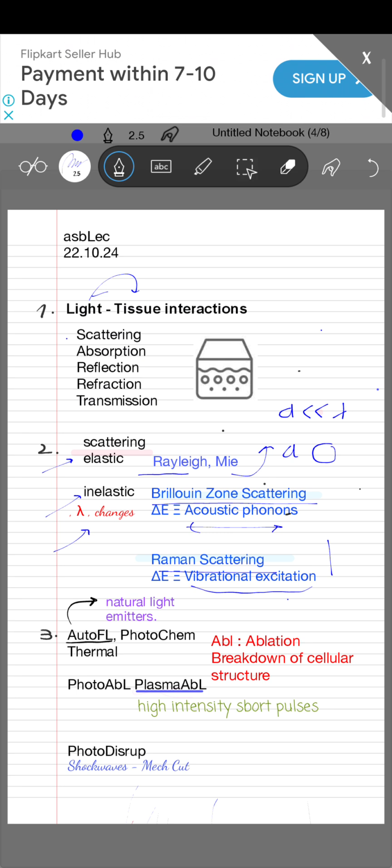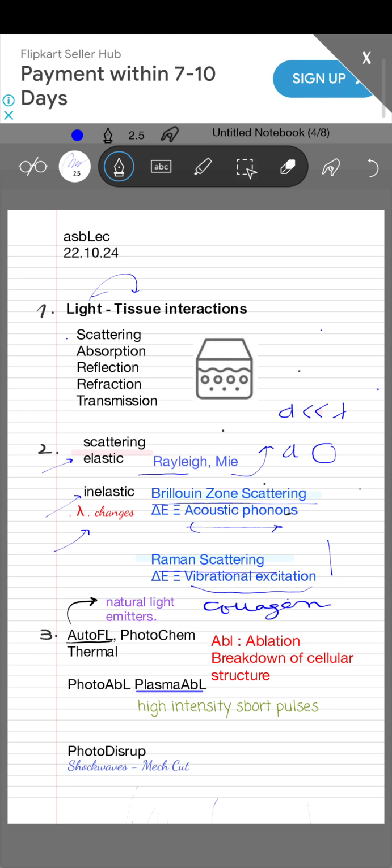Autofluorescence is the phenomenon where, on being irradiated with light, the tissue starts to emit light. So there are natural light emitters. Collagen, for example, is a natural light emitter.